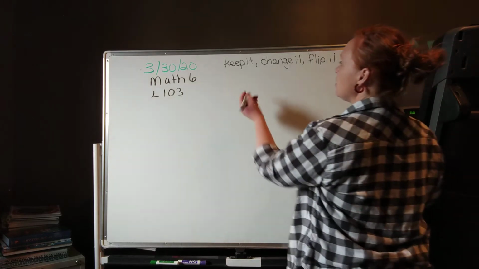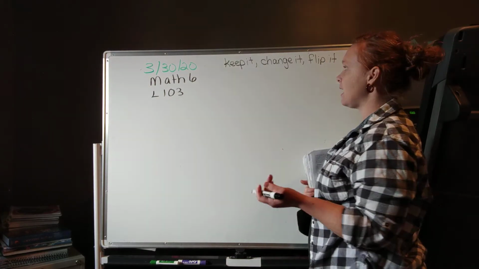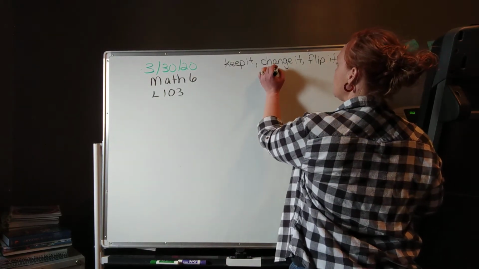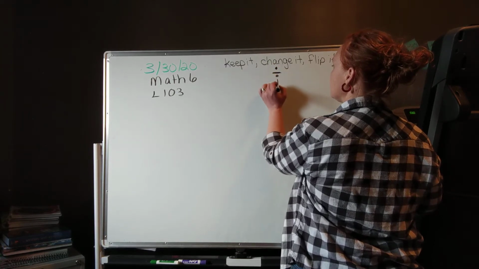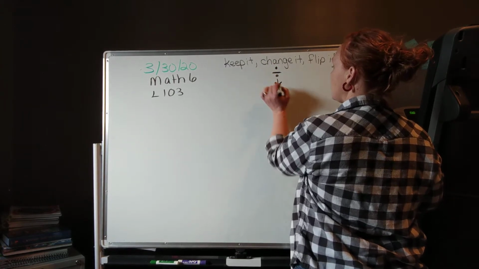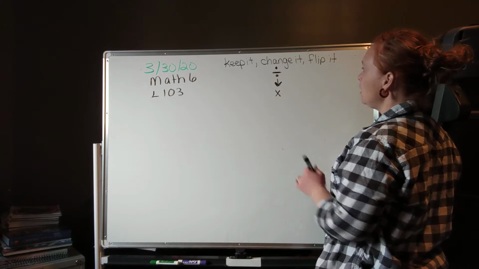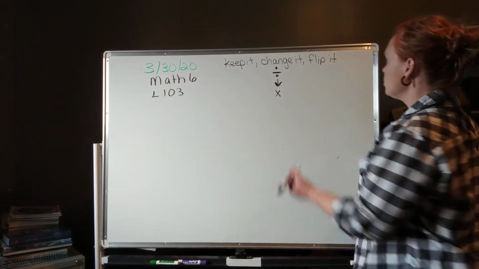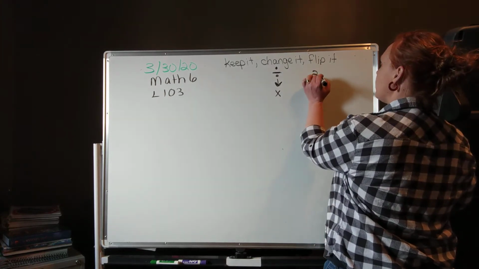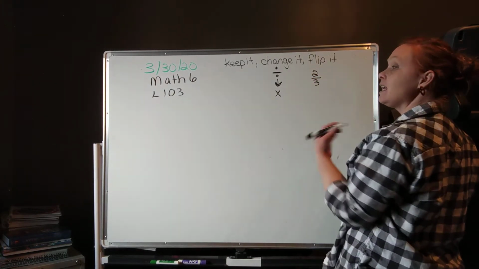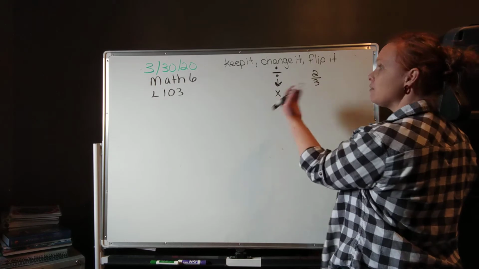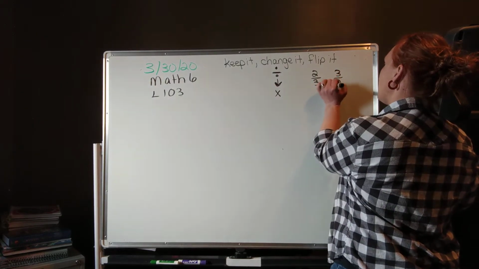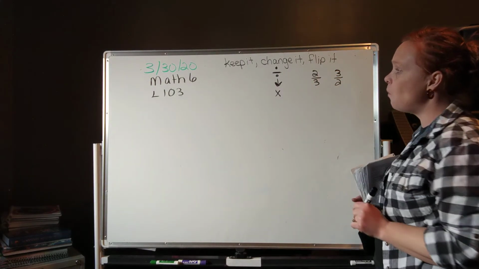So keep it means keep the first fraction the same. Change it was to change it from division to multiplication. Okay, and then flip it, remember, is a simple word for the math word reciprocal. So reciprocal is when we have a fraction, and if I say give me the reciprocal, then we flip it, and this becomes the reciprocal.